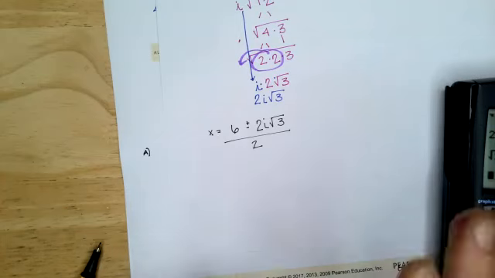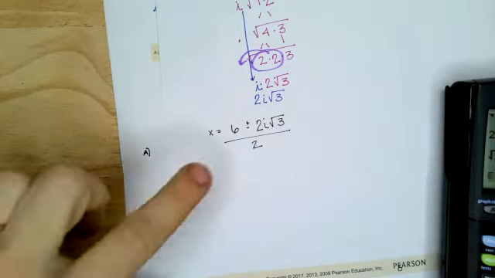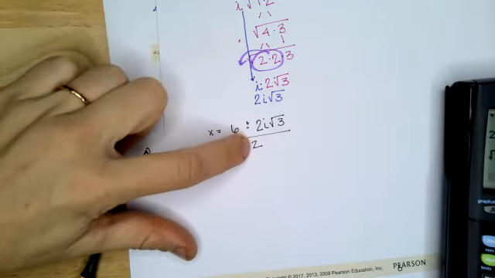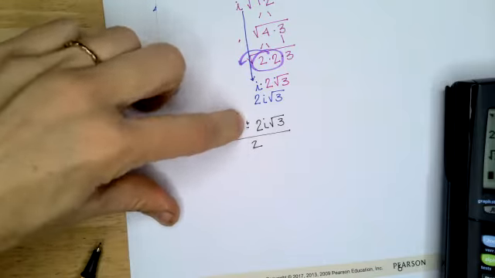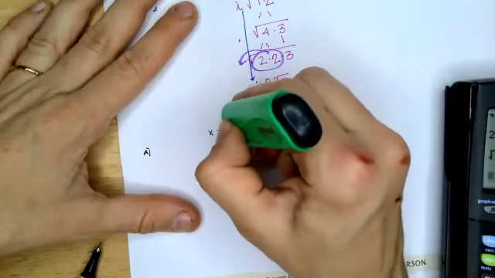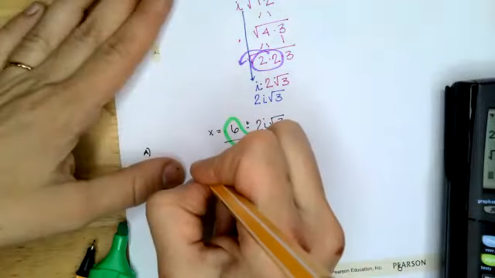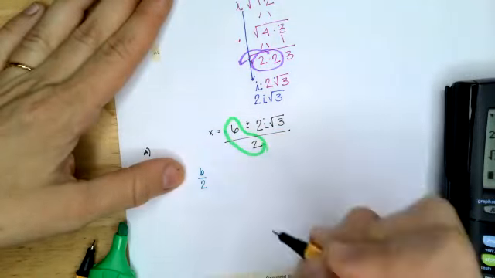Now, something else that's very important to do with fractions is, before we separate it into two, for the positive and the negative, we want to look at the fraction itself. So think about 6 divided by 2. Okay.